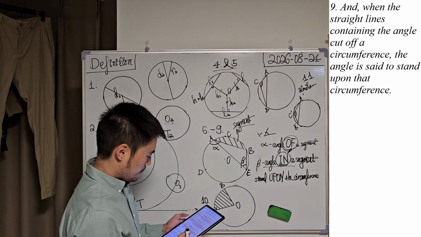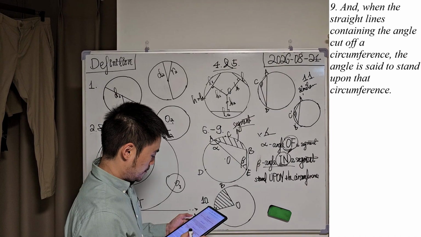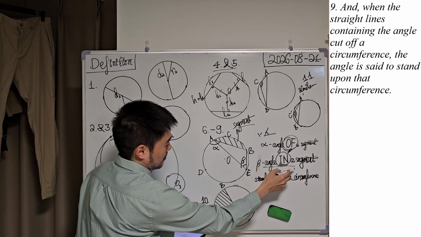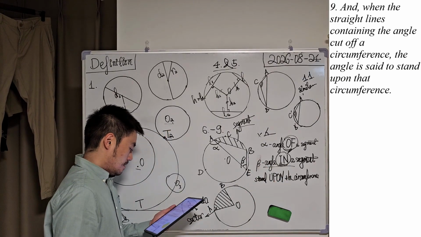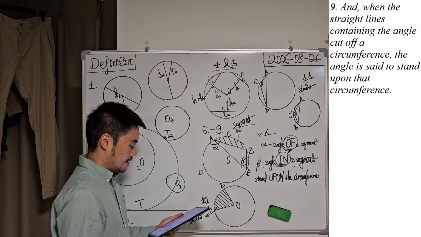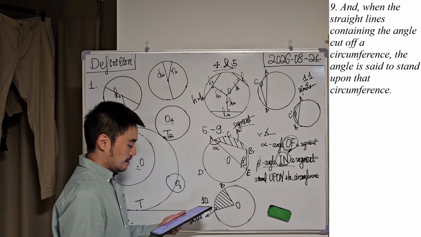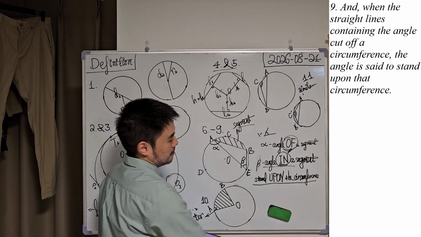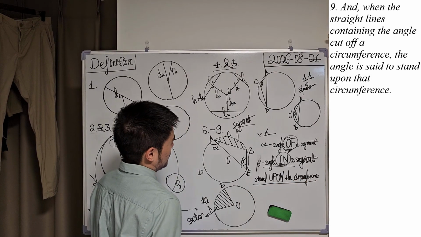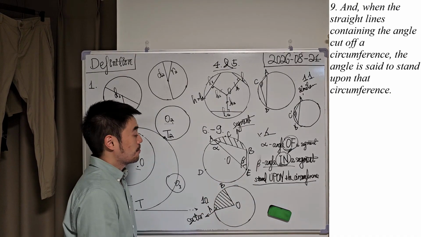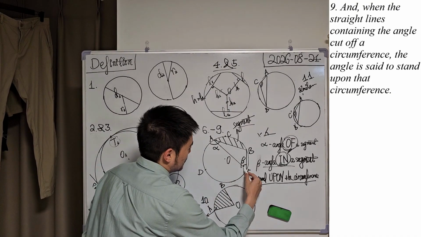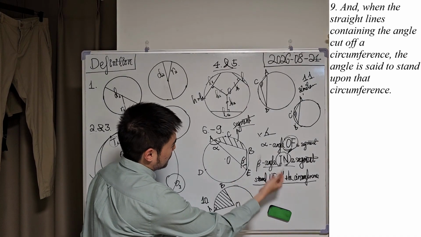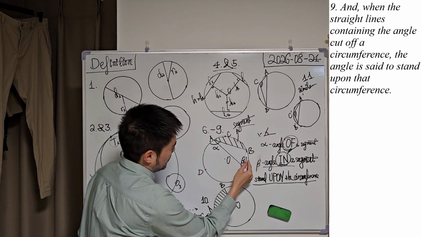And definition 9 is just another expression of the angle in a segment. So it says when the straight lines containing the angle cut off a circumference, the angle is said to stand upon the circumference. So let's, for example, use some imagination. This is the angle beta, and it stands upon the circumference here, ACB.